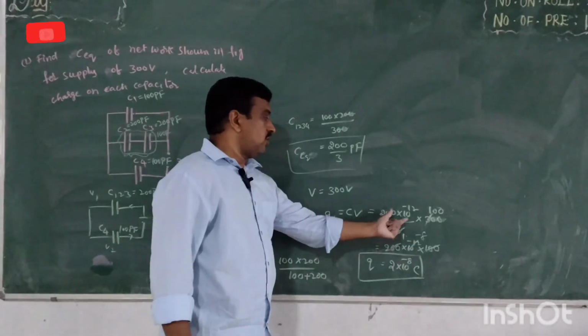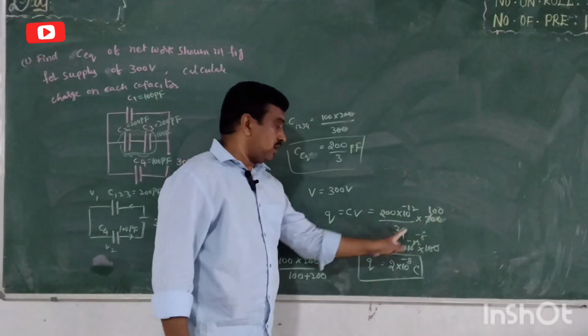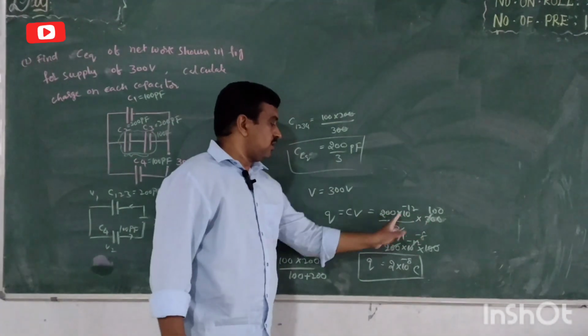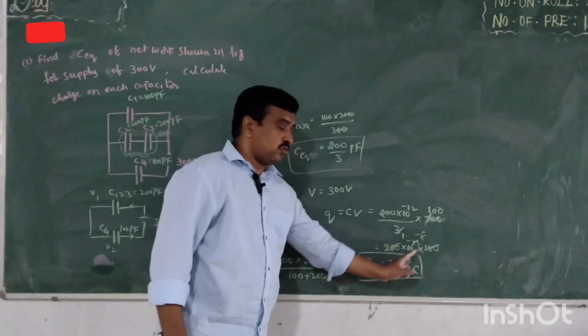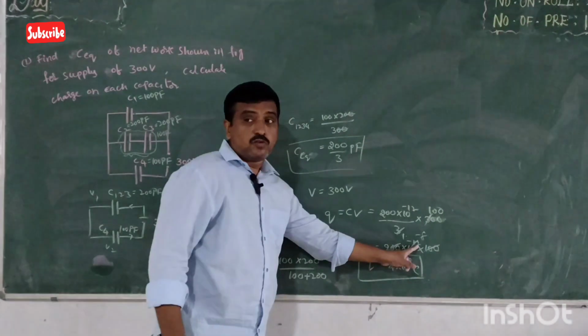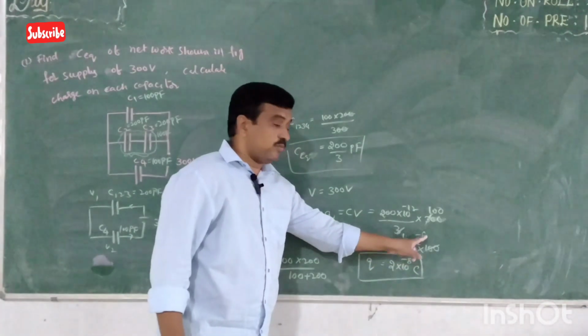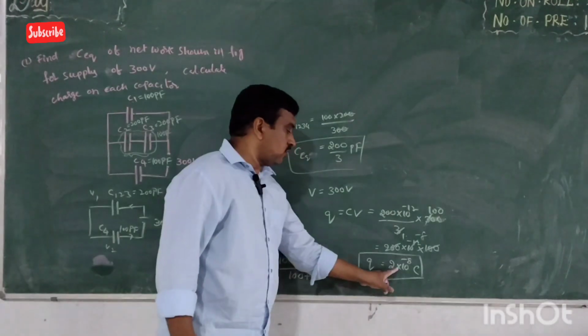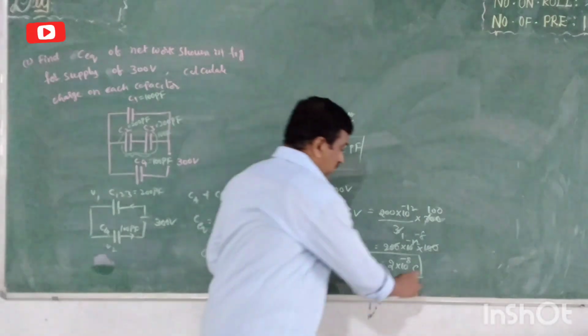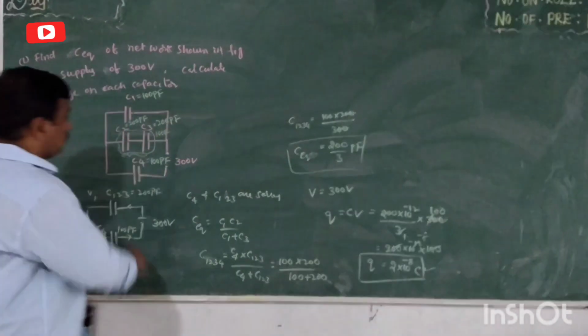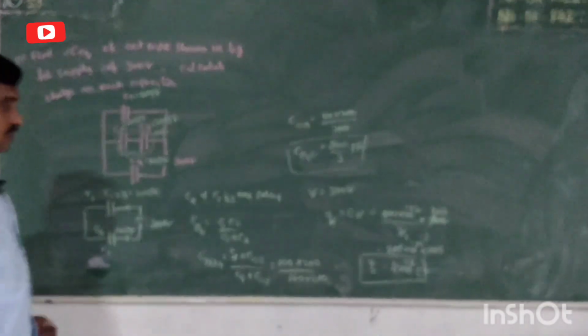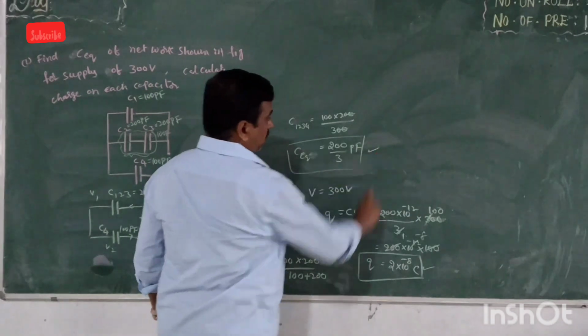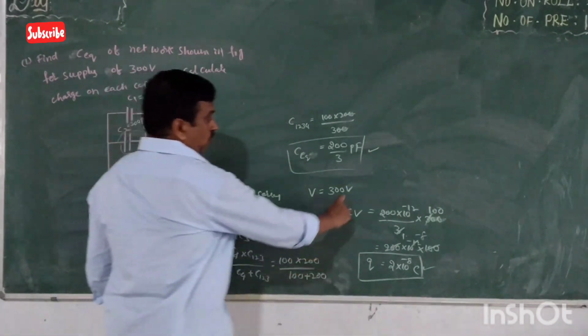Capacitance is 200 into 10 power minus 12, voltage is 300; the 3 cancels to 100, and 100 into 200 gives 4 zeros, so 10 power 4. 10 power minus 12 plus 4 means minus 8. Charge equals 2 into 10 power minus 8. The total capacitance is 200 by 3 picofarads. What is the voltage now, this one?